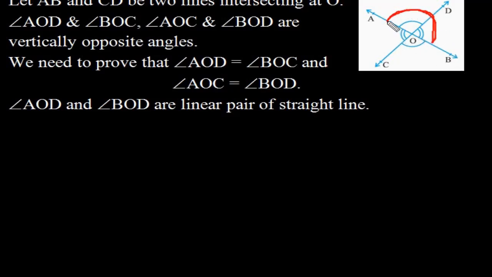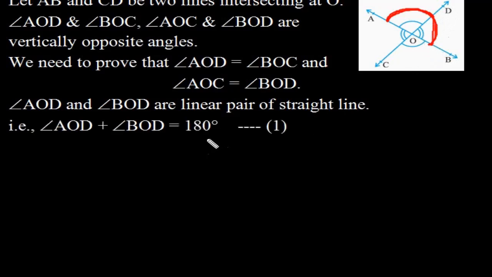When I say AB, I should start measuring from A and end on the other end of that same line AB. So AOD plus DOB is equal to 180 degrees. We take that as equation 1.